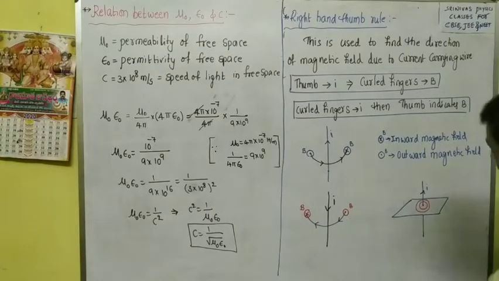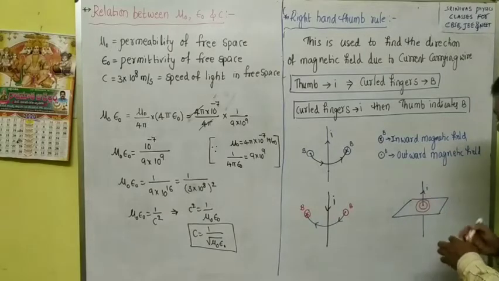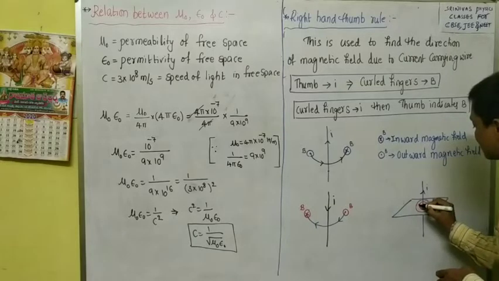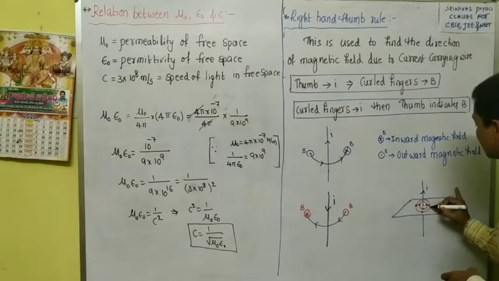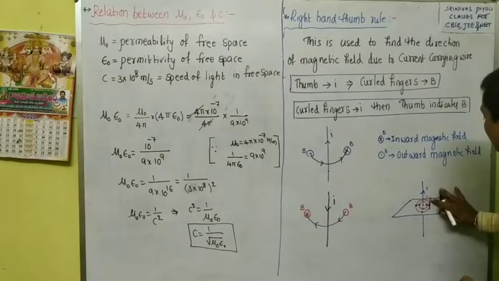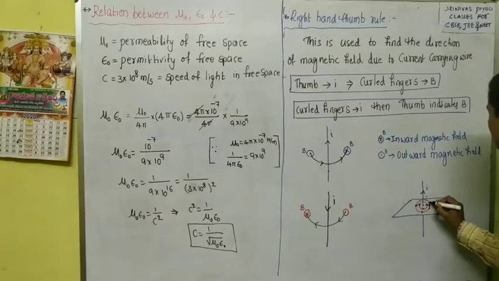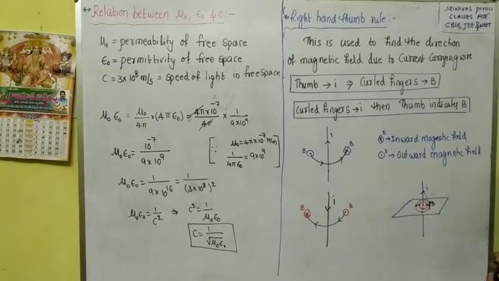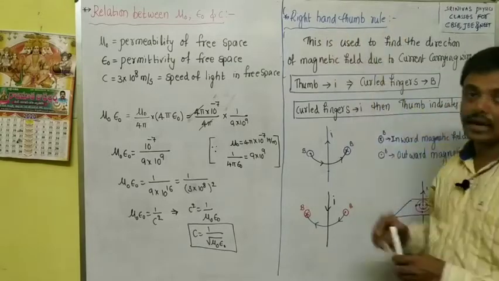Current is upward, so the field lines are anti-clockwise: this side entering and this side leaving. To find the field direction at any point, we draw a tangent, and the field is along that direction. This is the magnetic field direction by the right hand thumb rule.